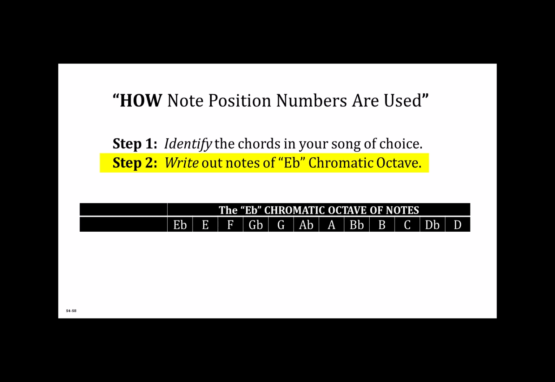It's the notes E flat, E, F, G flat, G, A flat, A, B flat, B, C, D flat, and then D. Those are the 12 notes of the E flat chromatic octave. So that's basically where we'll start here with the first chord in this example.